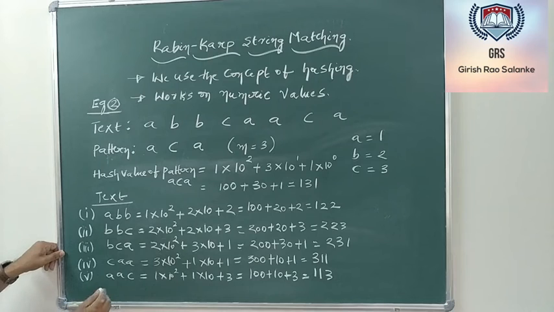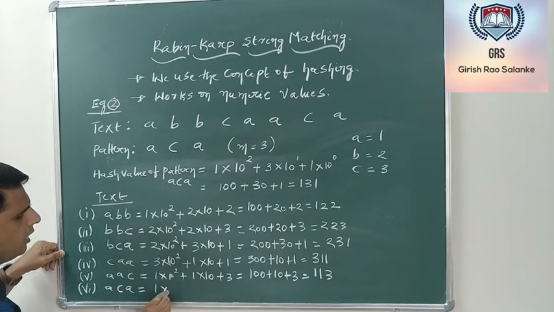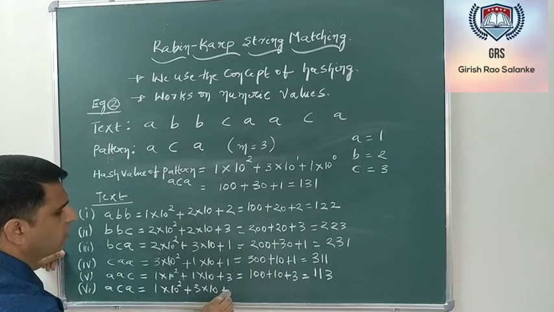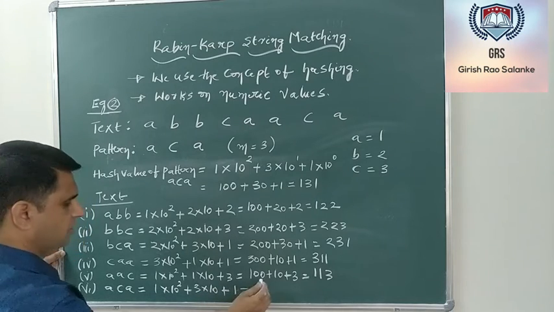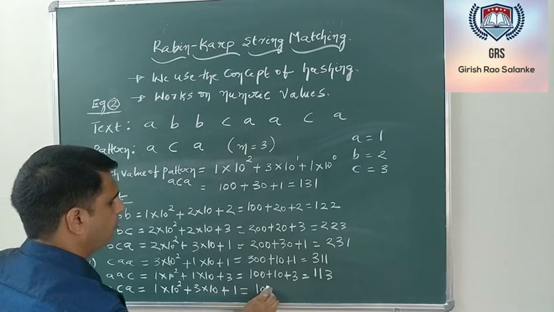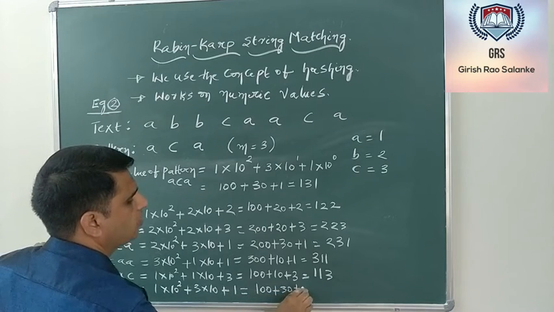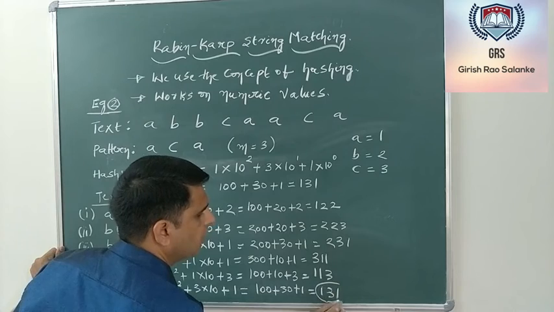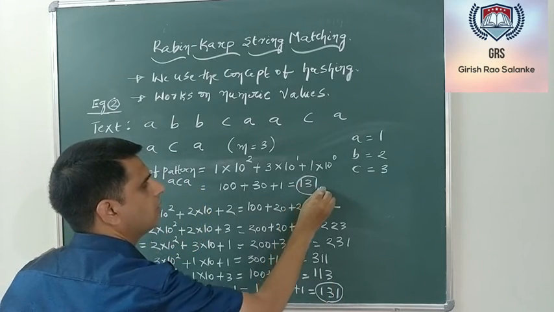Now next after AAC is ACA. The sixth one is ACA. This is 1 into 10 square plus 3 into 10 plus 1, which is 100 plus 30 plus 1, 131. Now this 131 matches with this 131.